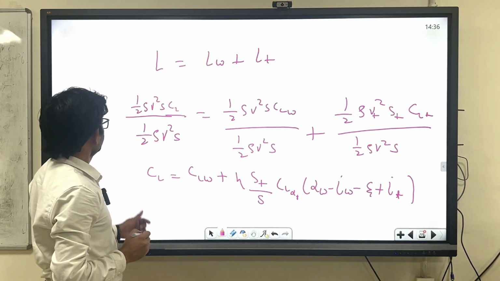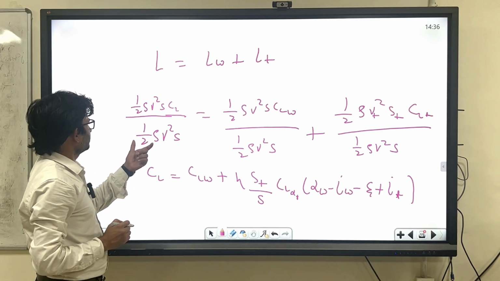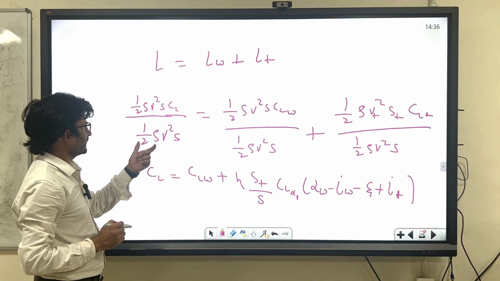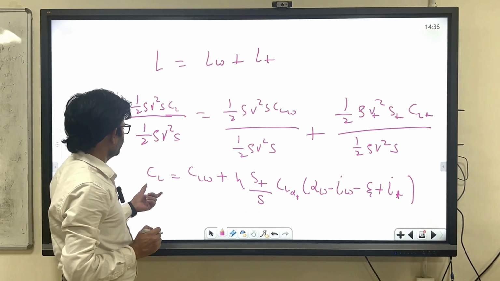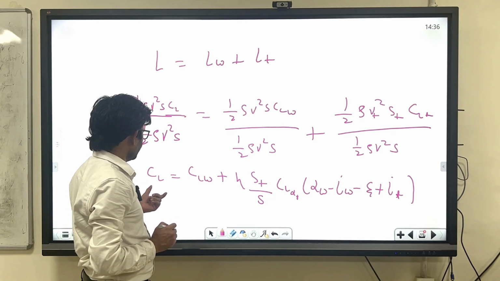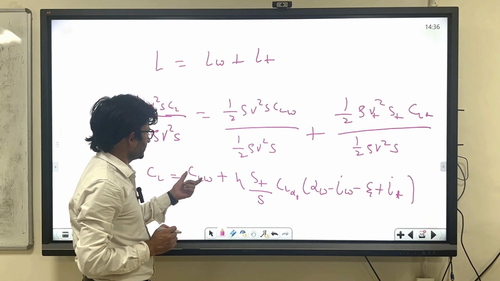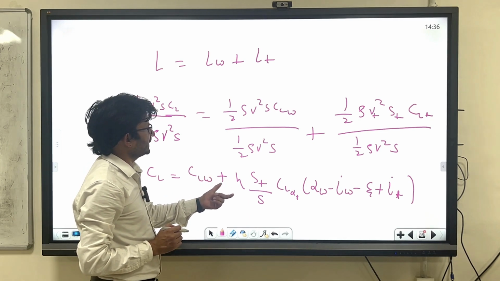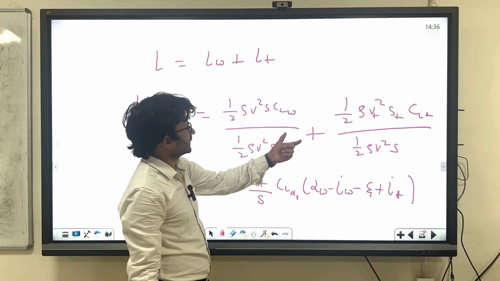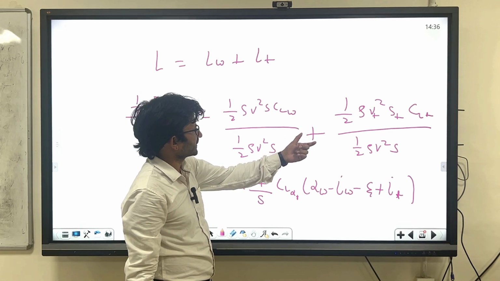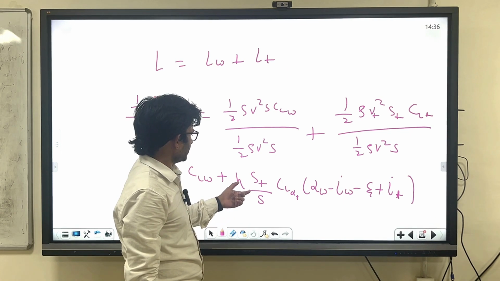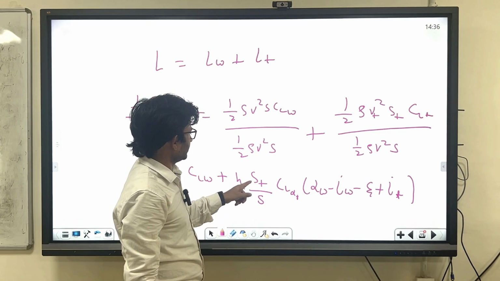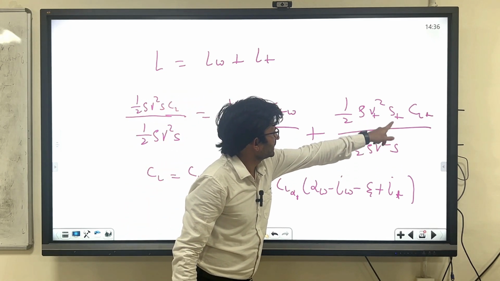You non-dimensionalize this by dividing by half rho V squared S. So on the left hand side you will have CL, and on the right hand side you will have CLW plus eta, where eta is the ratio of the dynamic pressure at the tail, half rho Vt squared, to the dynamic pressure of the wing.